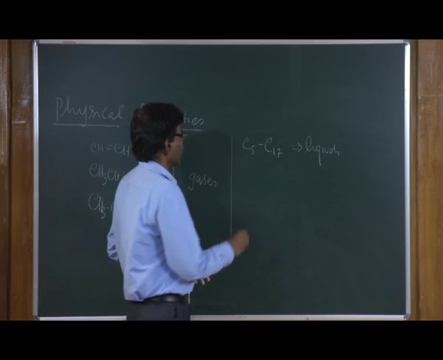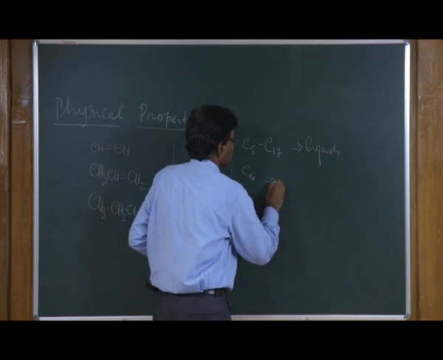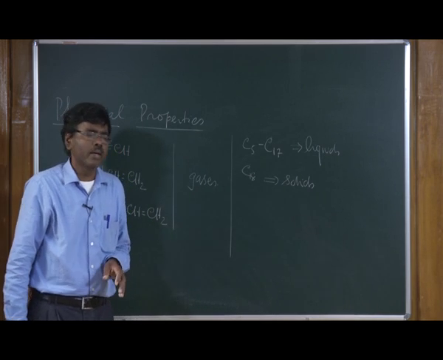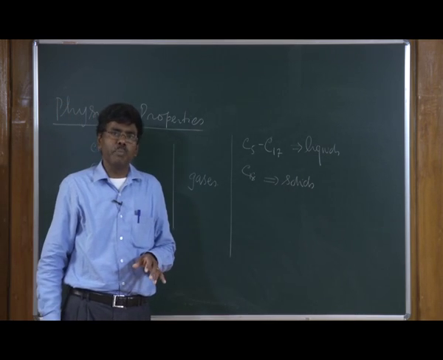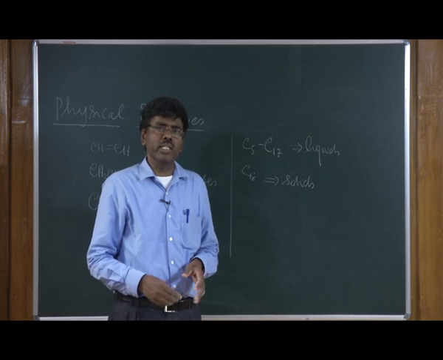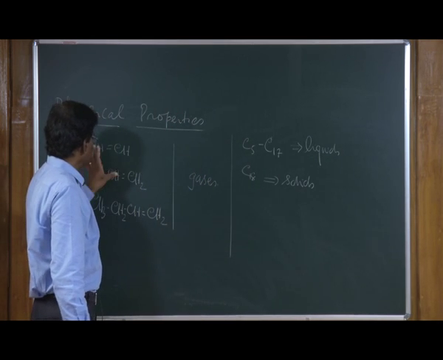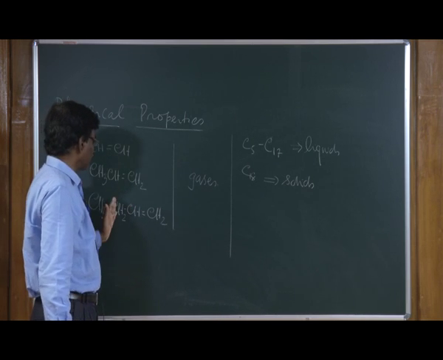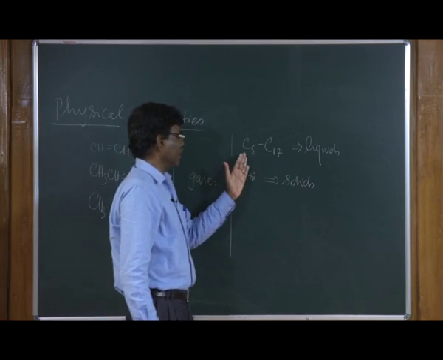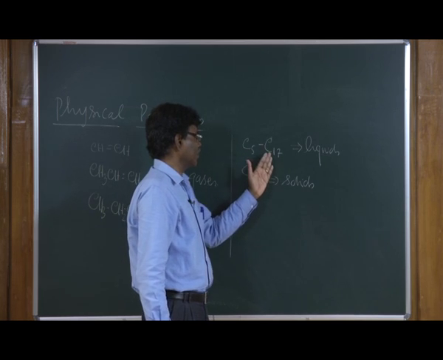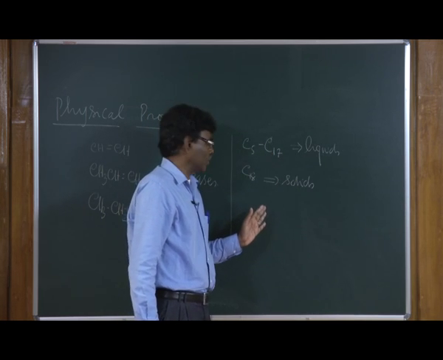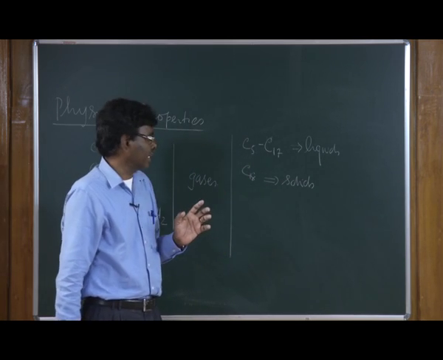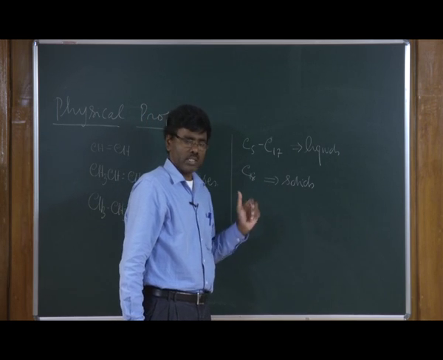Alkenes that contain more than C18 carbon atoms are usually solids. So, alkenes can be gas, liquid or solid, depending upon the molecular weight.